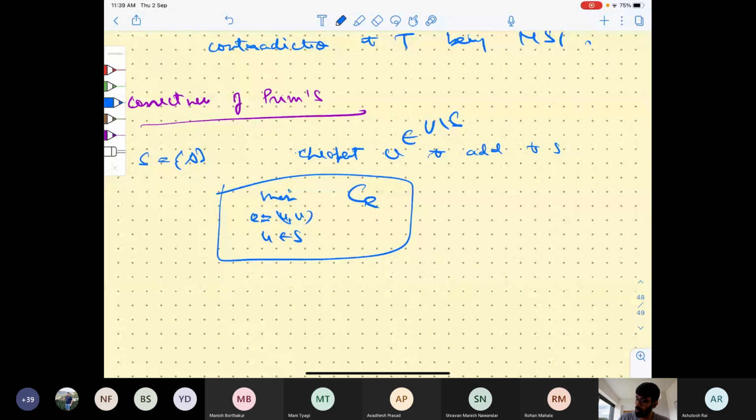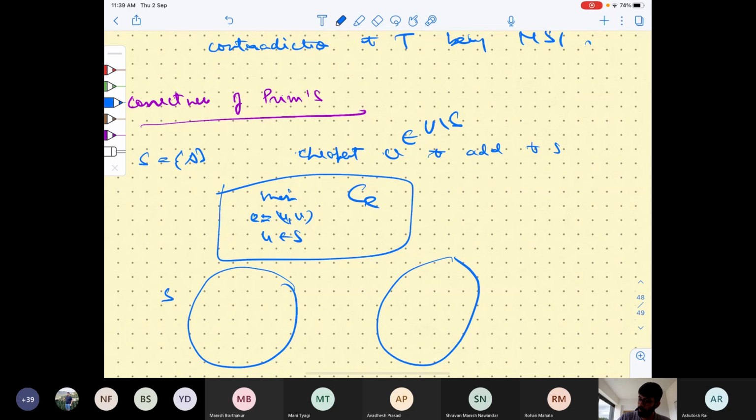And by definition, you have this S and G minus S, and you are looking at some edge between S and G minus S. Actually, this one is not more involved; this one is the easier one.